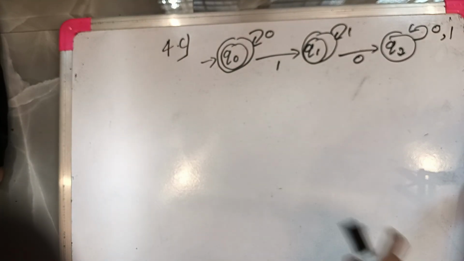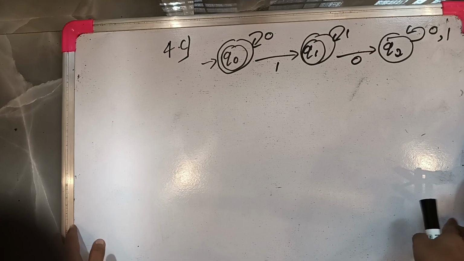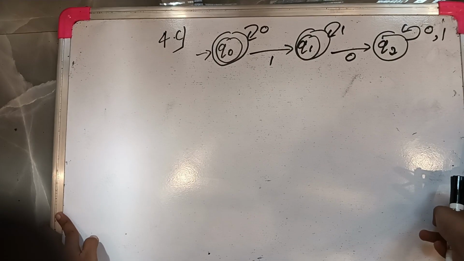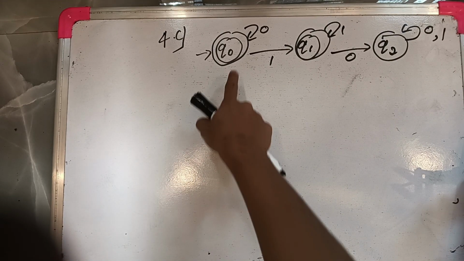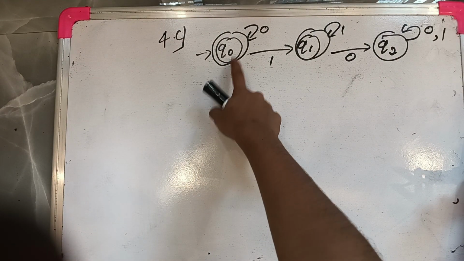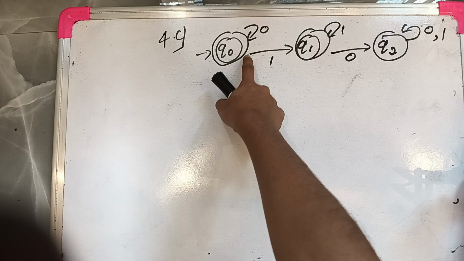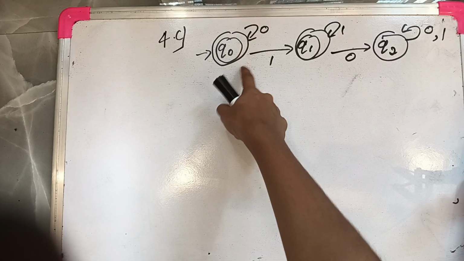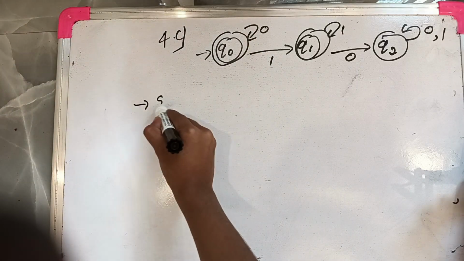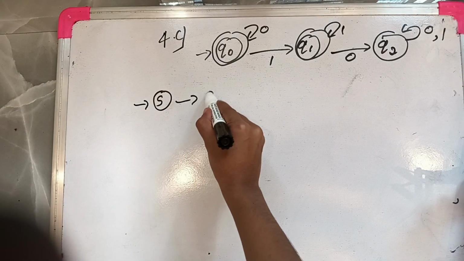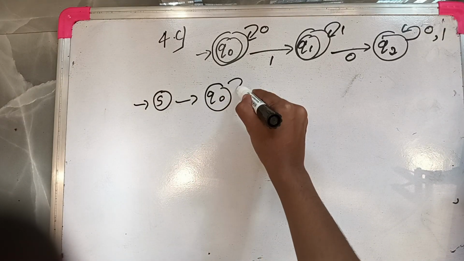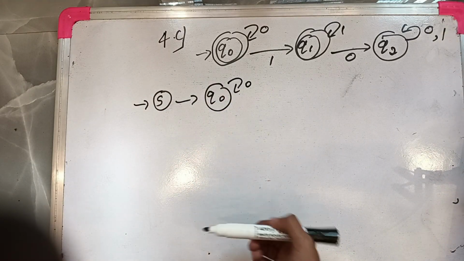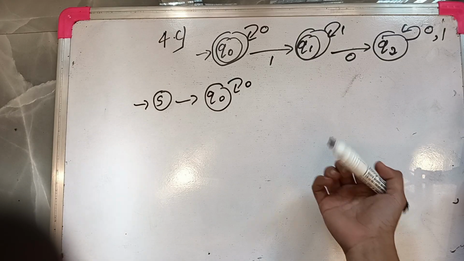We need to check if a new start state or final state is required. Here from q naught there is an incoming edge also, so we need to create a new start state, then it goes to q naught on epsilon. Next we need to check whether a new final state is required or not.